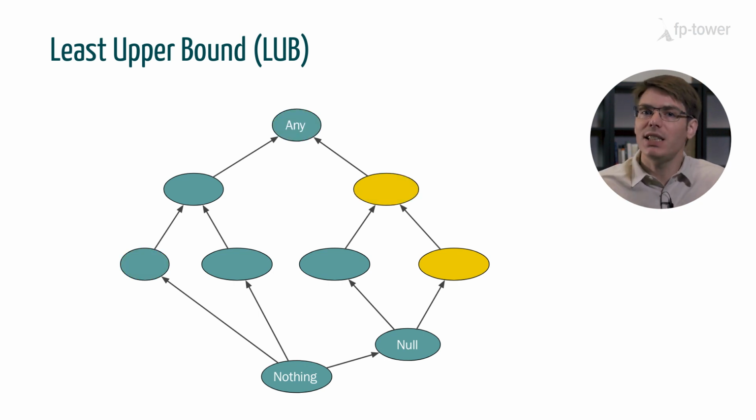Finally, what is the least upper bound when one type is the parent of another type? In this case, the parent is the least upper bound. As you're going to see, this last case is very important to understand flatMap, the main method behind for comprehensions.